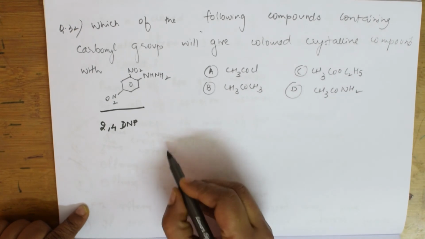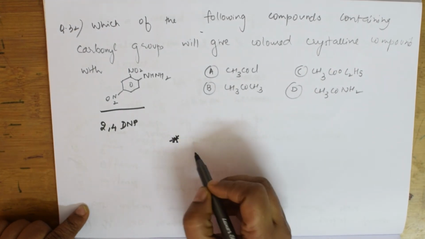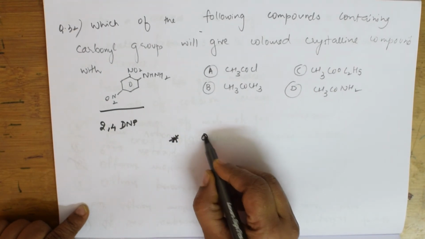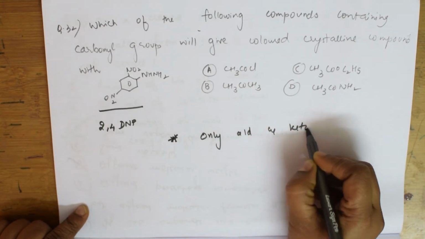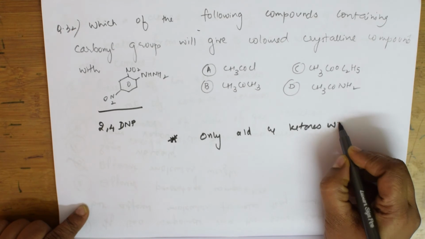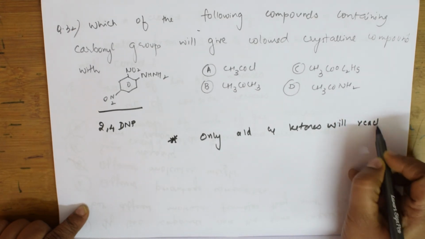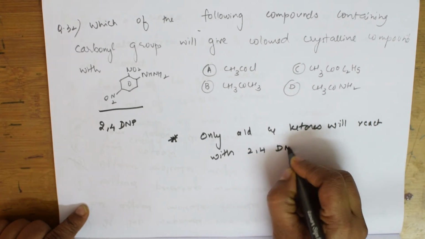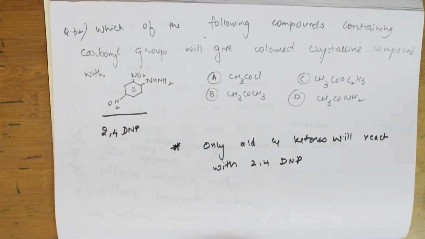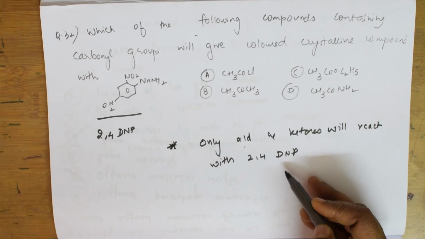So remember, the first important hint in this. What is the hint? Only aldehydes and ketones will react with 2,4-DNP. Correct, no? Yes, you have to remember this. So only aldehyde group and ketone group will react with 2,4-DNP.